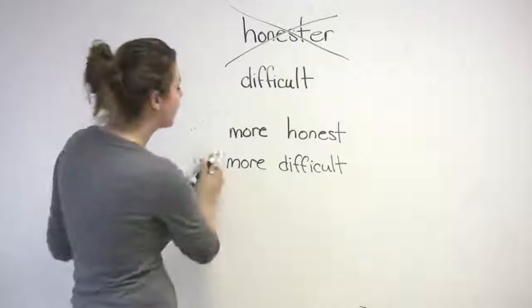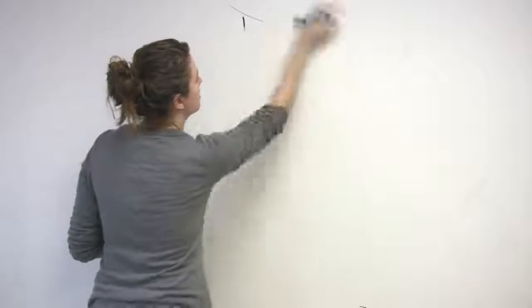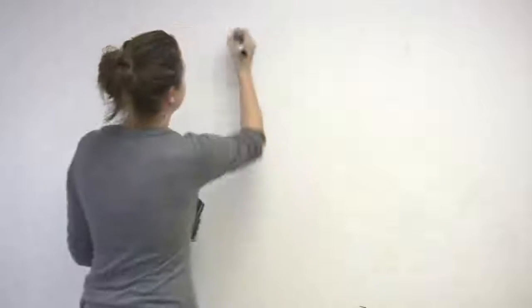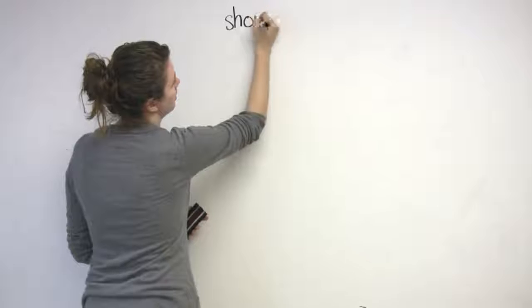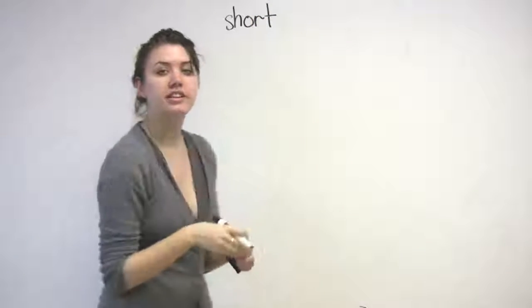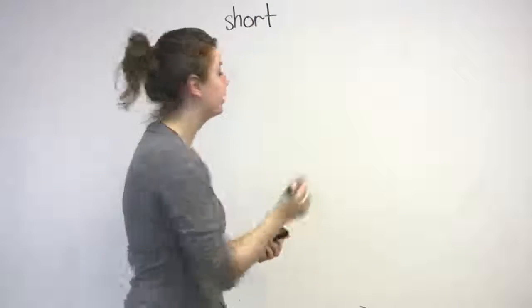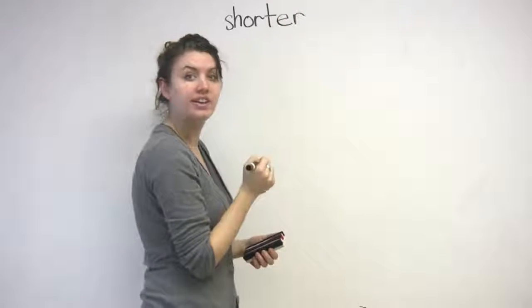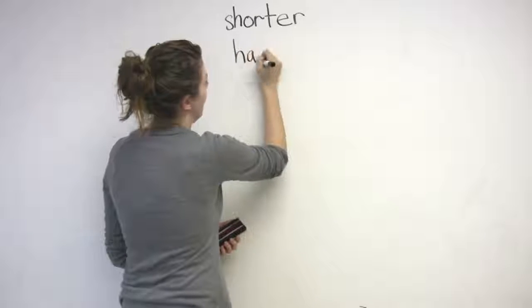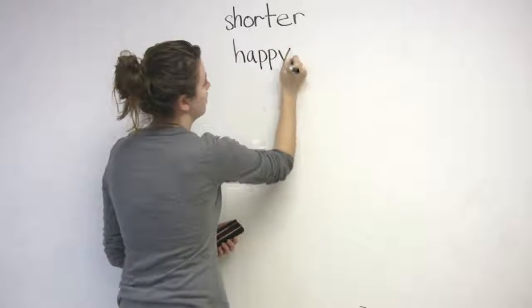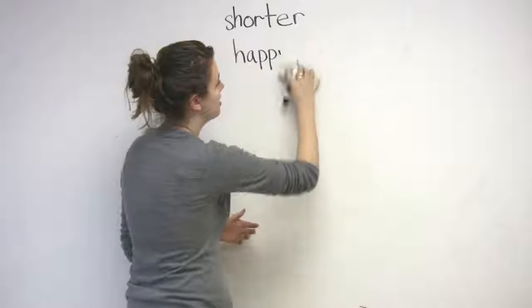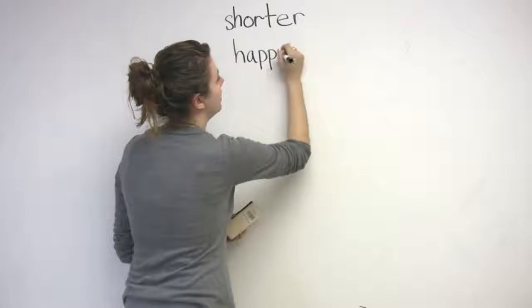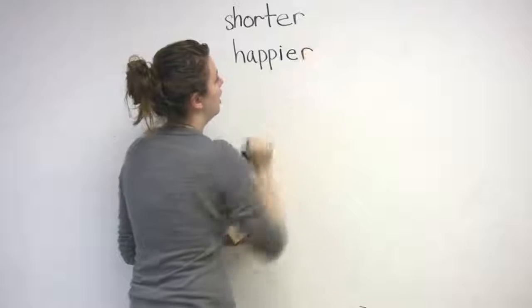Okay, so let's just do a quick review. If it's a one-syllable adjective, such as, let's say, short, to compare, we add ER. If it's a two-syllable adjective that ends with a Y, such as happy, we take away the Y, and we add IER.